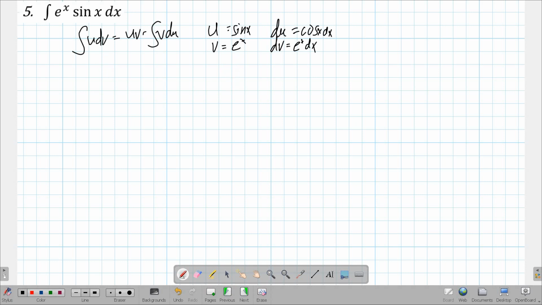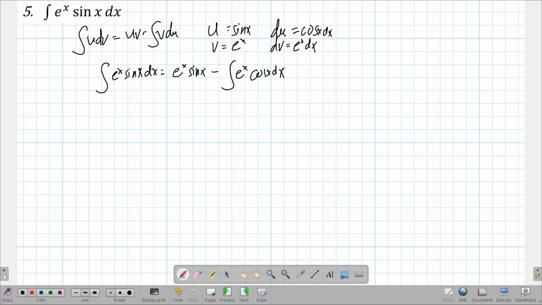So, the integral of e raised to x sine x dx becomes, that's u times v, so I'm going to write it already as e raised to x sine x minus the integral of e raised to x cosine x dx, that's v du. So, in this case, it looks like we have to perform by parts again.